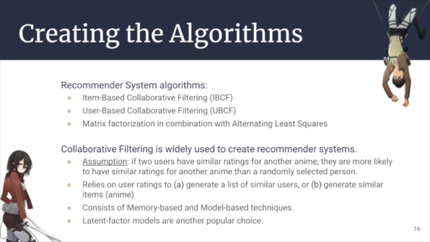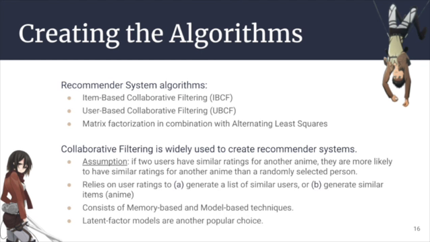Collaborative filtering is a widely used approach to create recommender systems that uses the assumption that if two users have similar ratings for a particular anime, they are more likely to have similar ratings for another anime than a randomly selected user. It relies on user ratings to generate a list of similar users, or to generate similar anime.